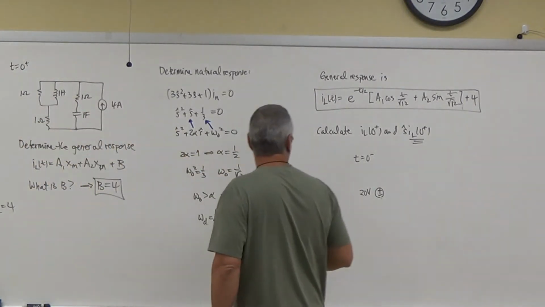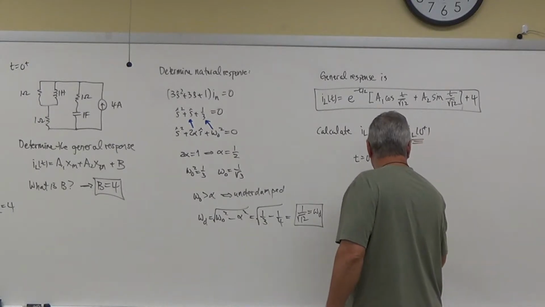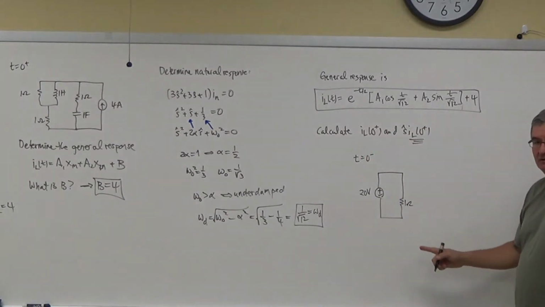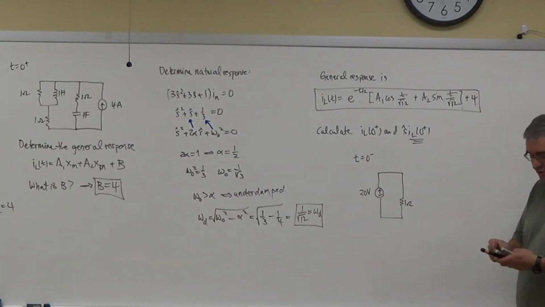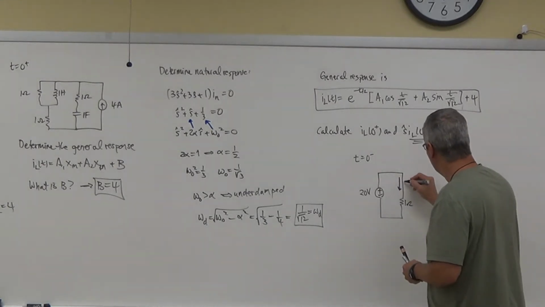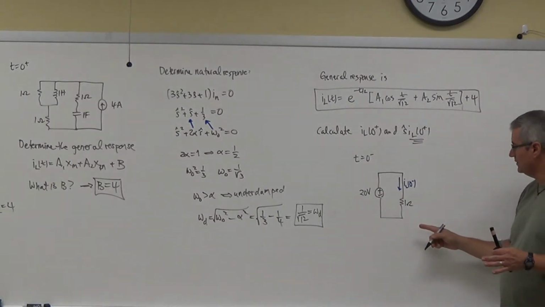Then I get a short, and then I get the 1 ohm. Look how nice that is. That's parallel to this. So I immediately know what the current of the inductor is, because the current of the inductor has to be the current through that element, so we already know that's got to be what?